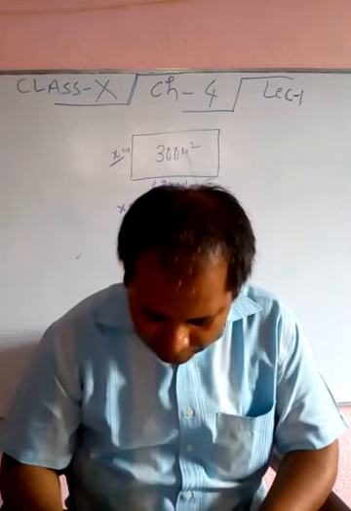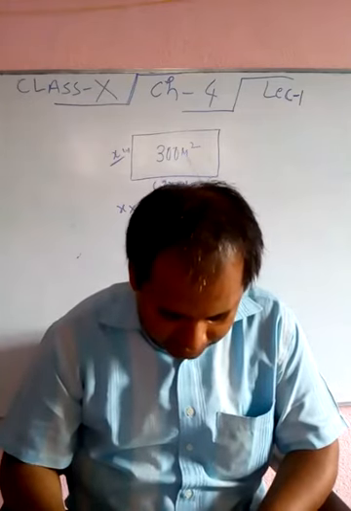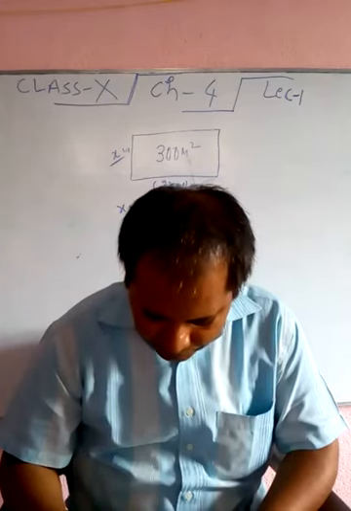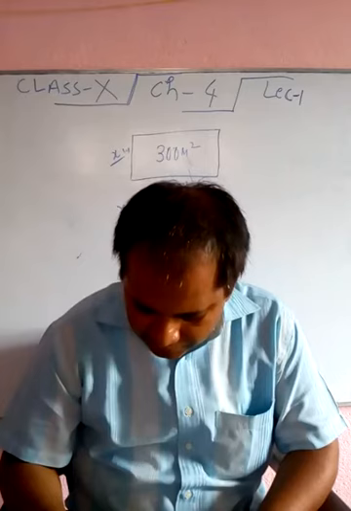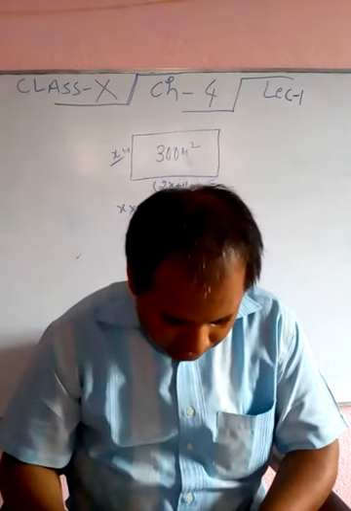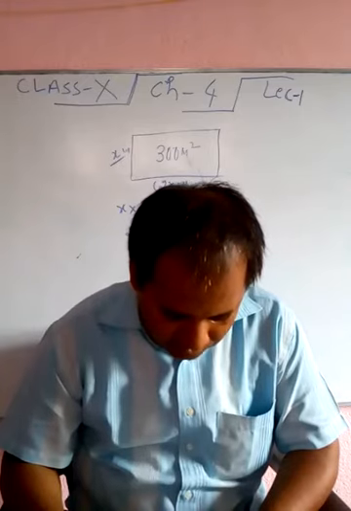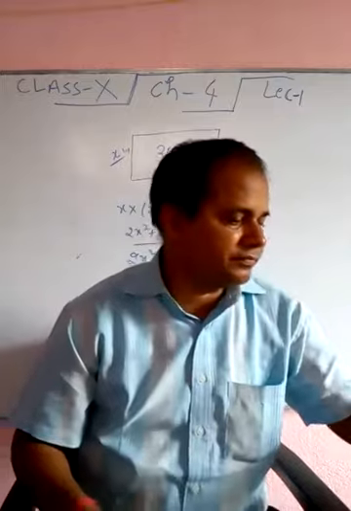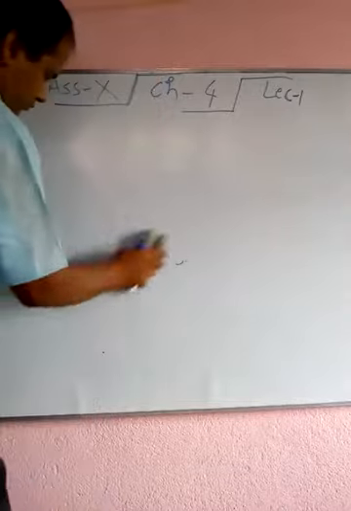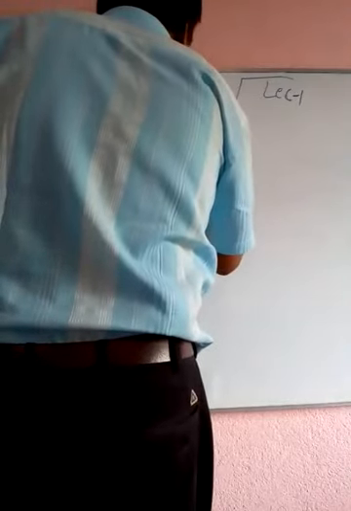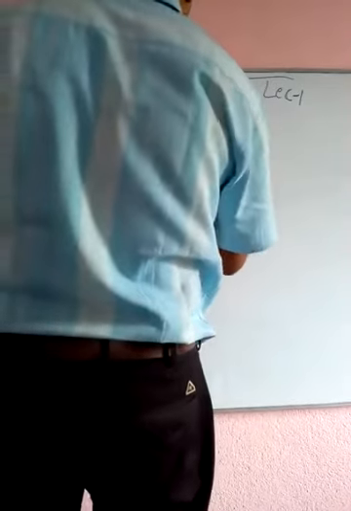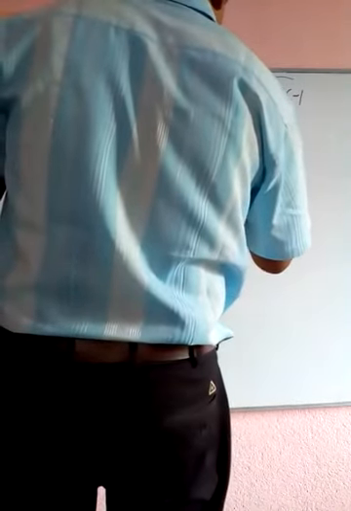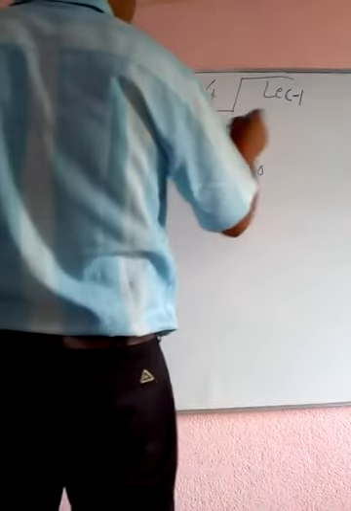But when we write the terms of p(x) in descending order of their degrees, then we get the standard form of the equation, that is ax square plus bx plus c is equal to 0, where a should not be equal to 0. This is called the standard form of quadratic equation.